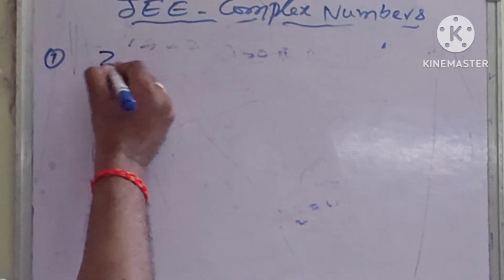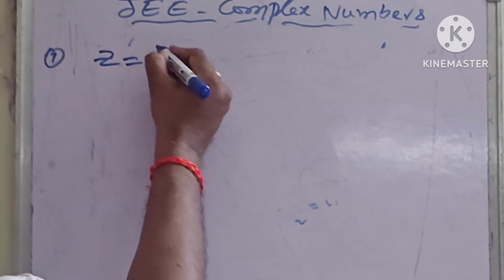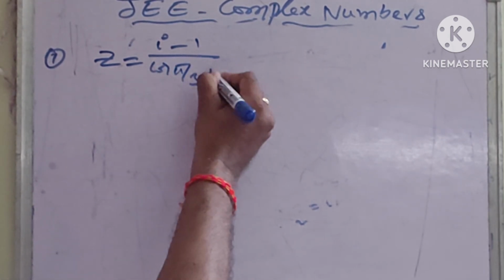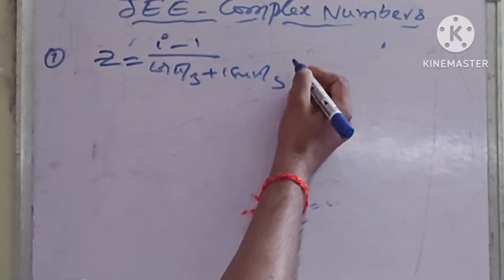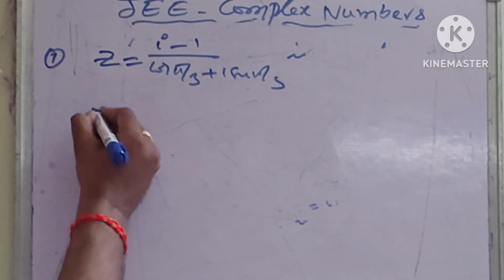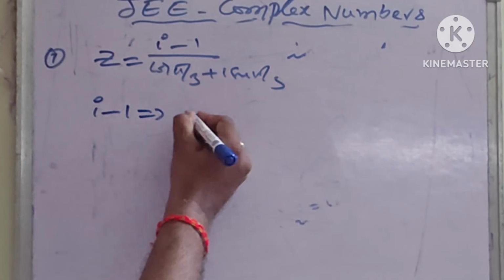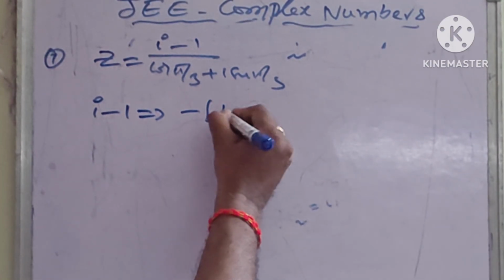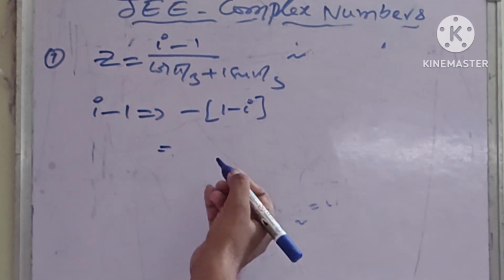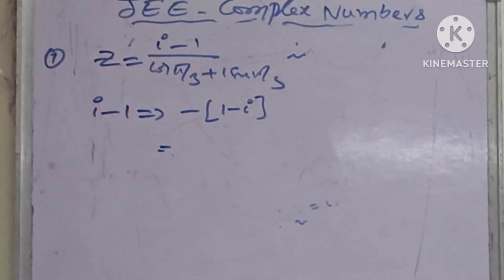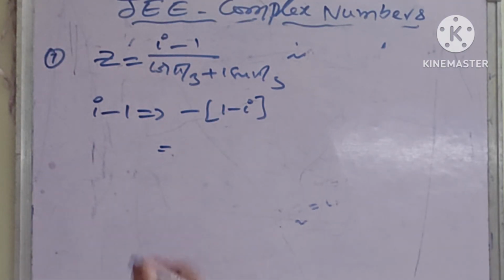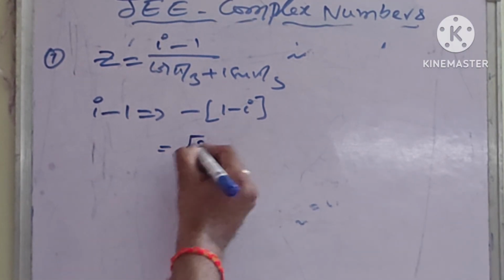One more model. If Z is the complex number, Z is equal to I minus 1 by cos pi by 3 plus I sin pi by 3. Now here, numerator I minus 1 is equal to minus of 1 minus I. So what is the polar form? x is equal to 1, y is equal to 1, r is equal to root 2.